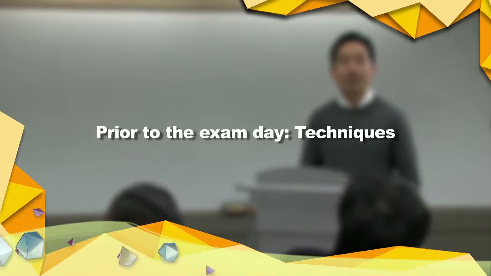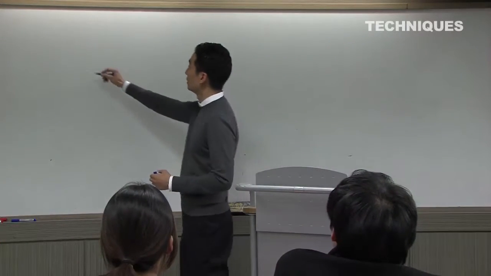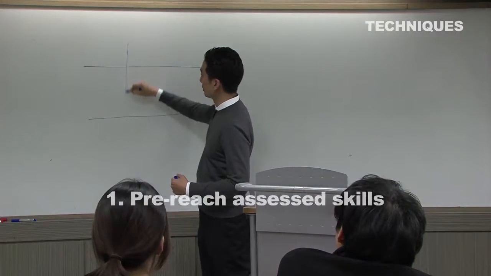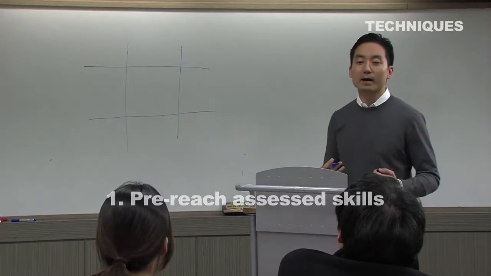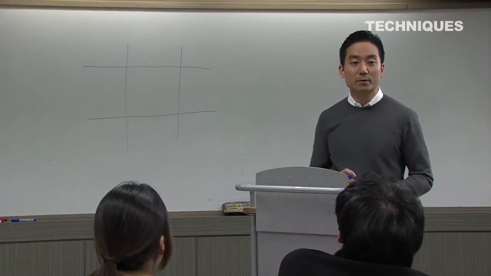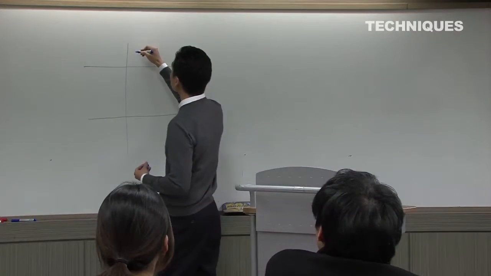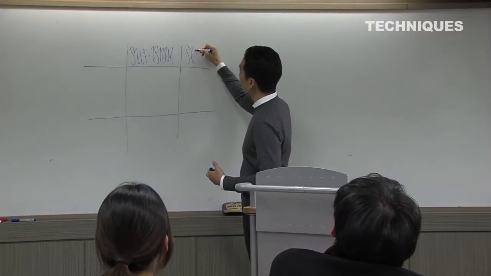So if I wanted to compare and contrast self-esteem with self-efficacy, I would first make a table. On the left, I would write down all the areas where I would compare them. Along the top, I would write self-esteem and self-efficacy.